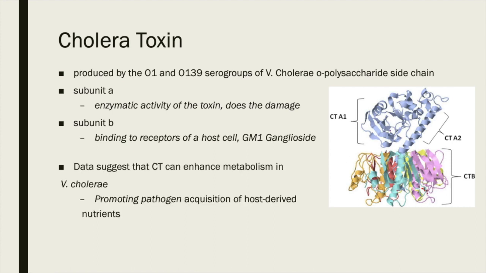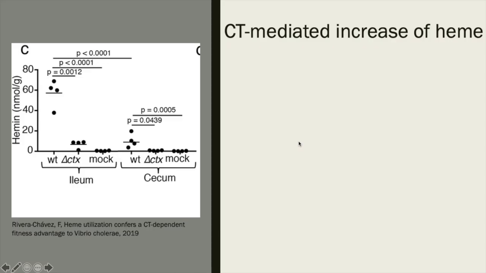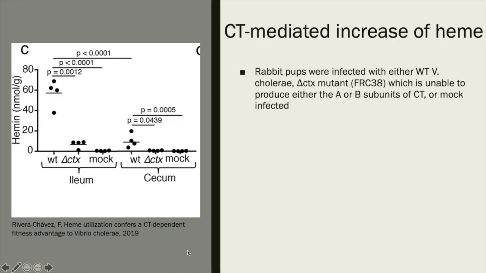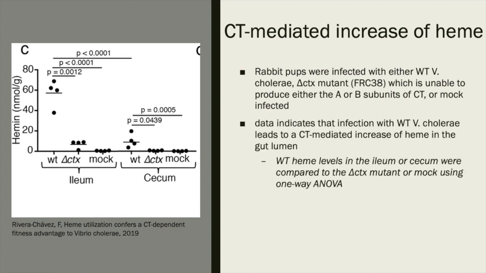Some data show that the cholera toxin can enhance metabolism in Vibrio cholerae, and you can see this in the study that focused on doing that exact experiment. So what they did is that this specific study used rabbit pups that were infected with either wild-type Vibrio cholerae, a mutant, or a mock solution.